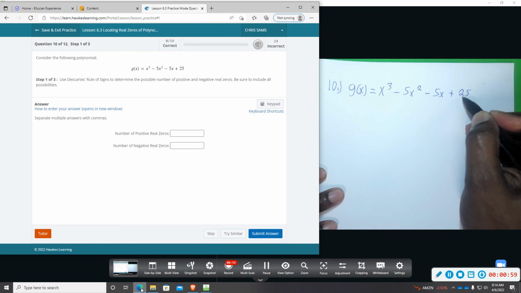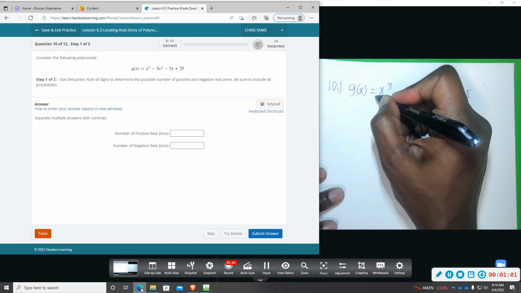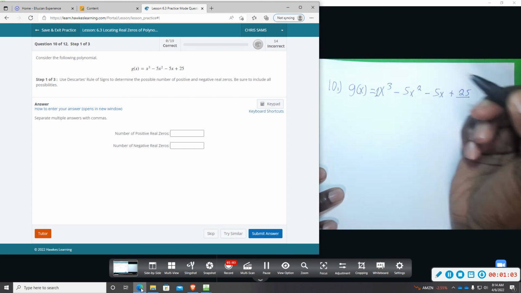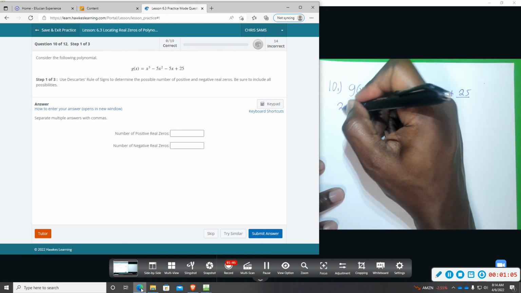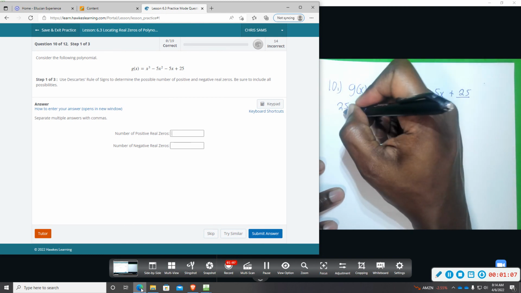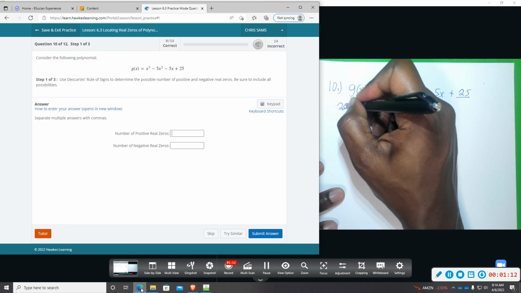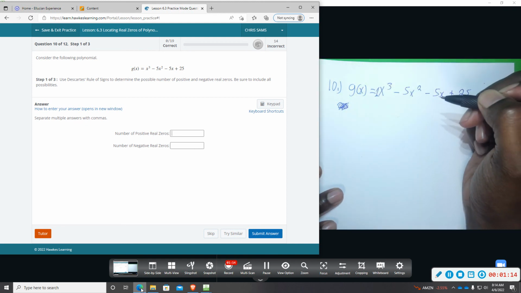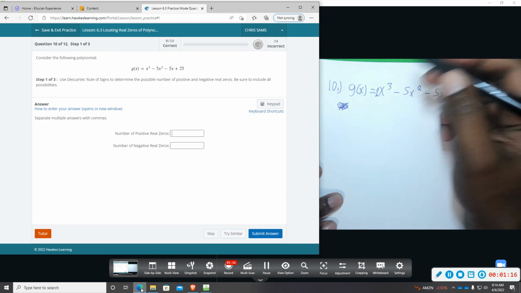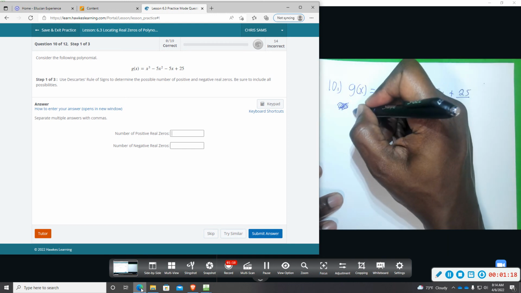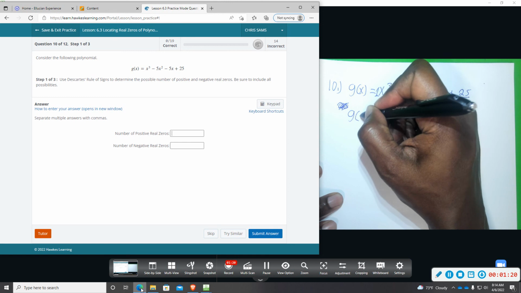You take the last number and the leading coefficient, which is understood to be a 1, and we're going to divide those factors. Actually, I'm sorry. That's the possible rational zeros. We are looking for the number of sign changes. So let me also do g of negative x.